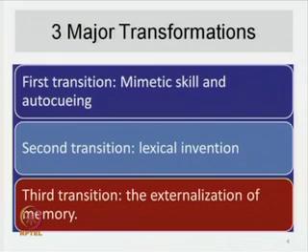And finally, the third transition involved the externalization of memory, where memory is not only in our brains but external, stored in things like books, hard disks, CDs, etc., and how that gave us a new memory representation and a new working memory architecture.